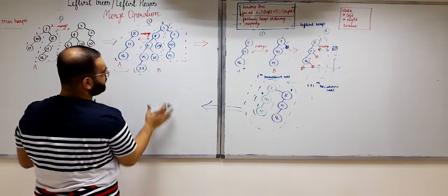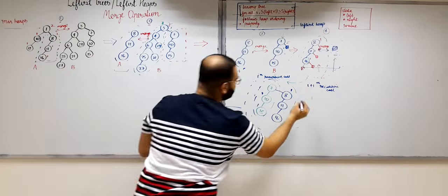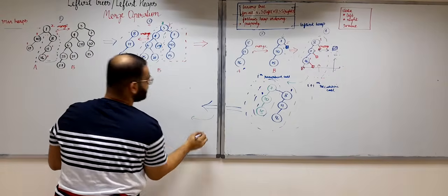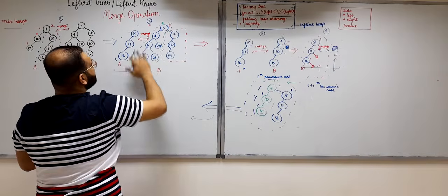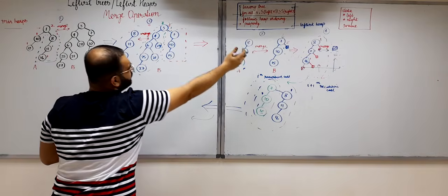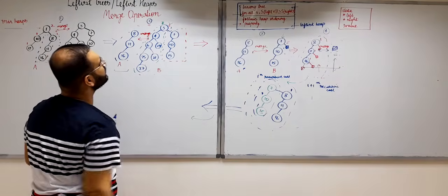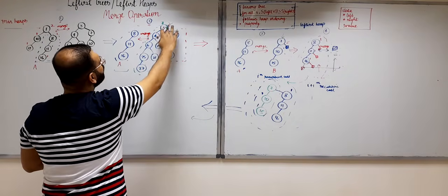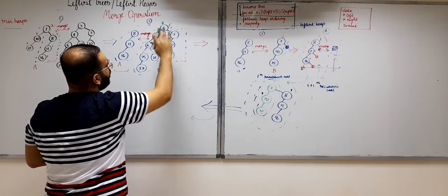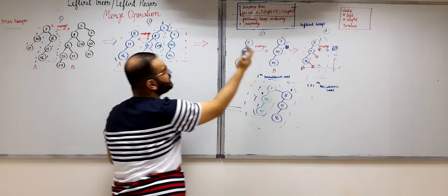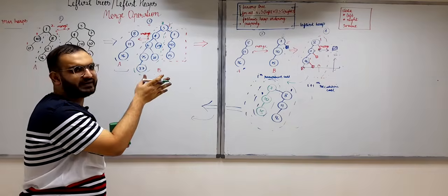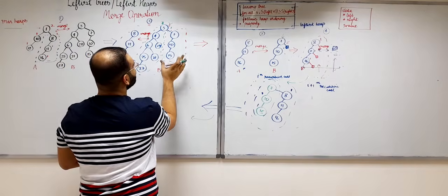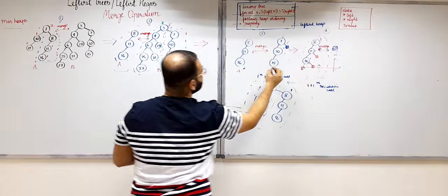So now we are returning. We return from here to here, and now we will merge this leftist heap with the leftist heap that we didn't transfer to the next recursive call. If you clearly notice, the root and the left subtree of B we didn't transfer to the next recursive call when we were going forward. We just transferred the right subtree, as you can see, the 7, 10, 15.